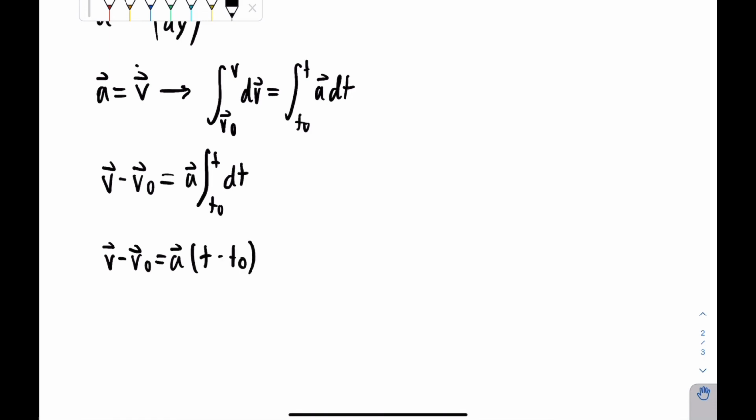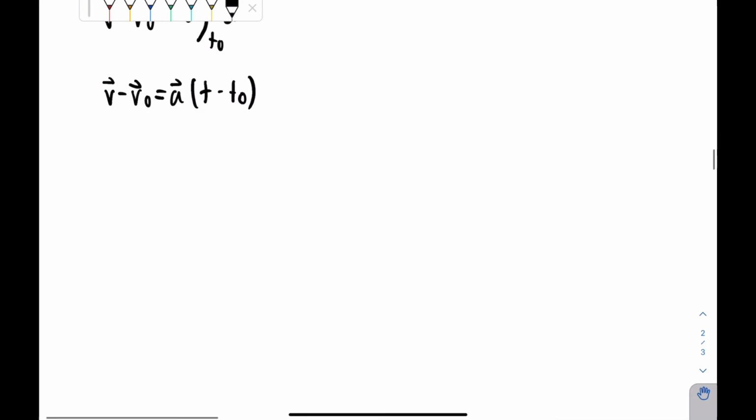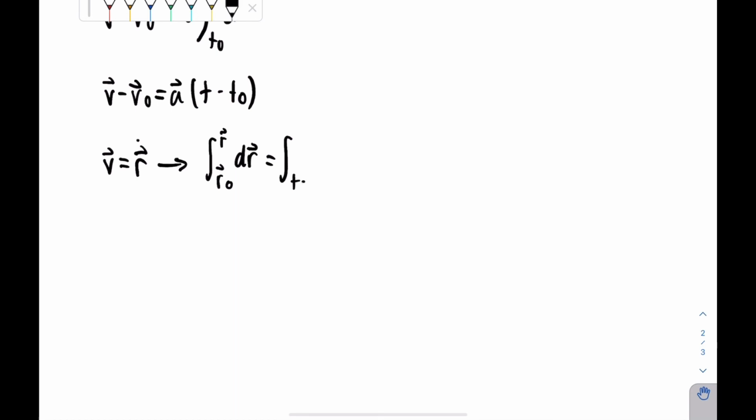Again, these are simple applications of the fundamental theorem of calculus. To go from velocity to position, we get v is the first derivative of the position function. And so we can use a very similar method. We get the integral between r naught and r of dr is equal to the integral between t naught and t of v dt.